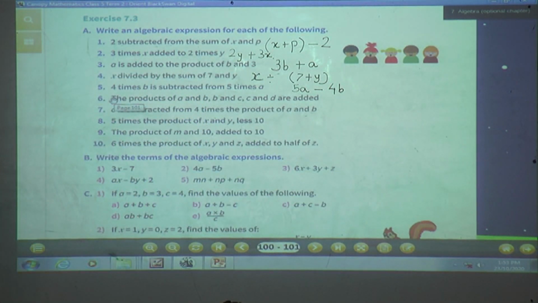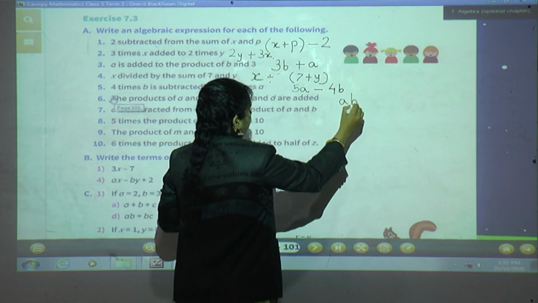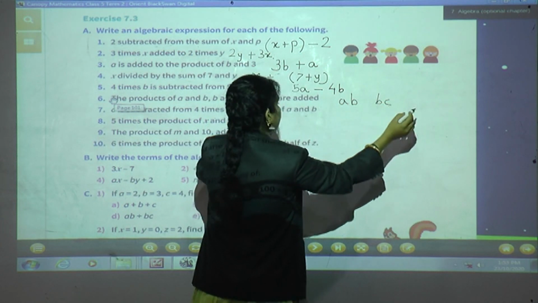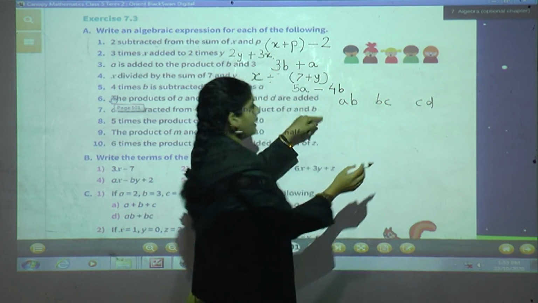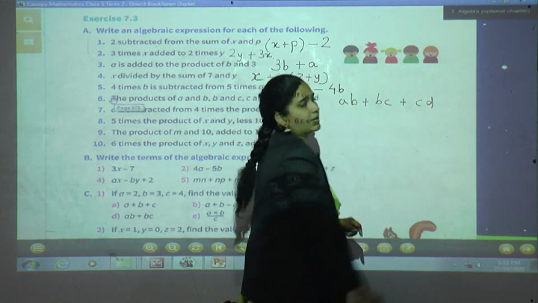Now the products of a and b, b and c, and c and d are added. So how to write the products of a and b, b and c, and c and d, which are added? That means we can write the addition sign here.